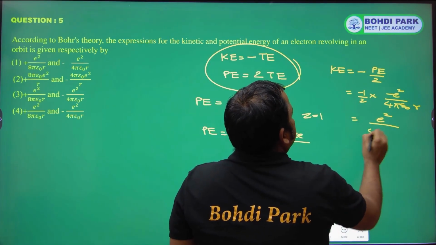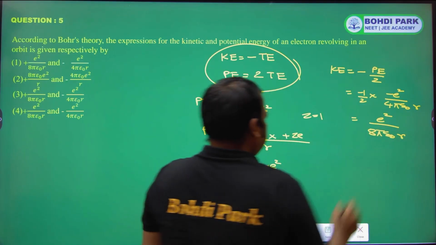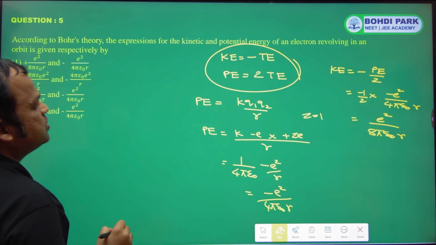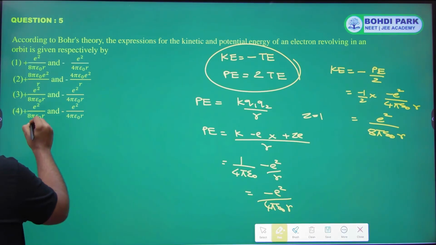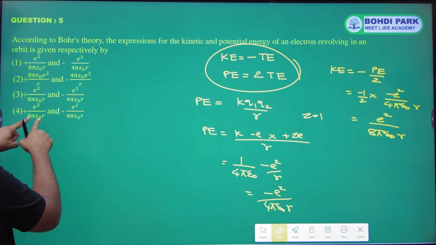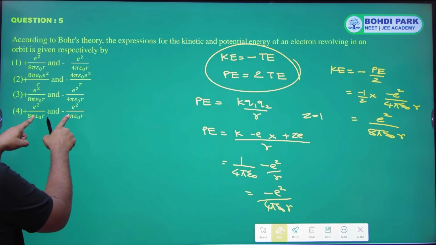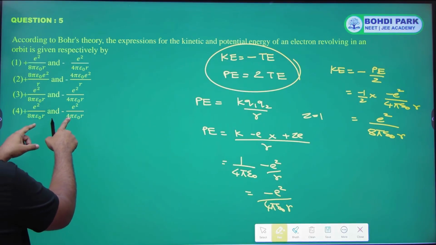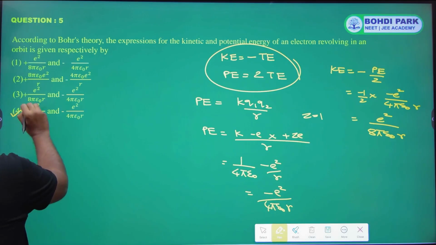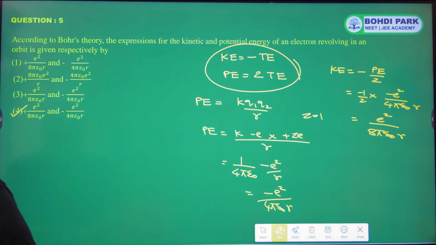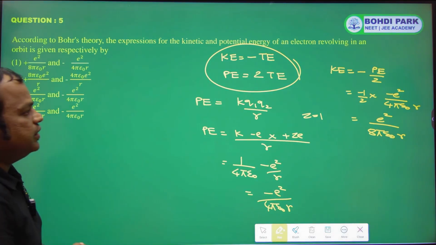So e square by 8 pi epsilon naught into r. So kinetic energy is plus e square by 8 pi epsilon naught into r, and potential energy is minus e square by 4 pi epsilon naught into r. So fourth option.